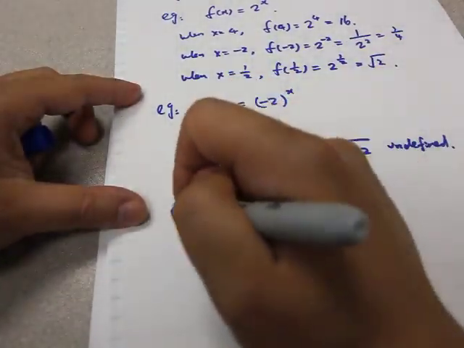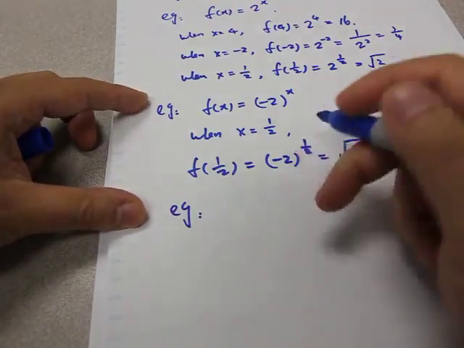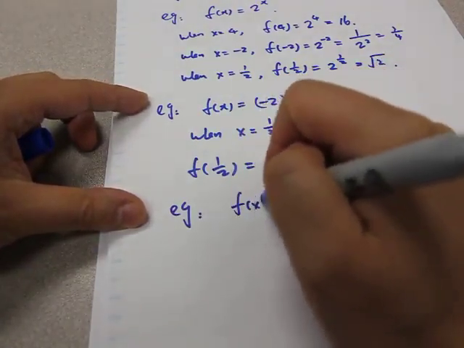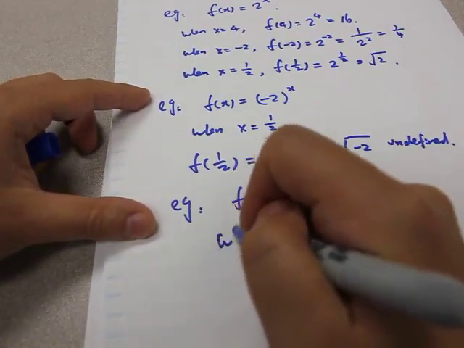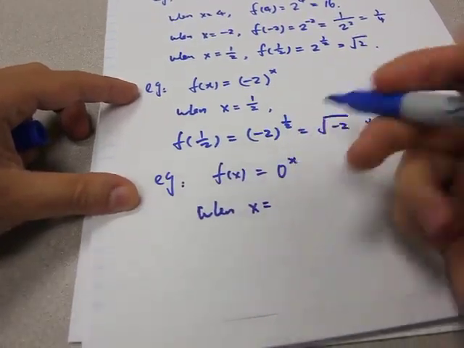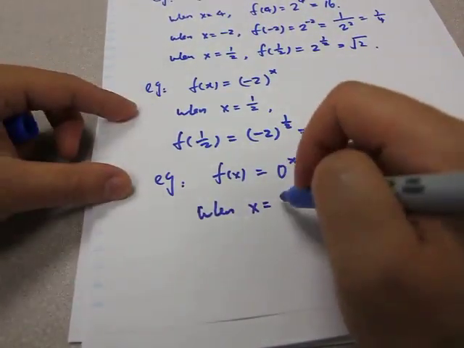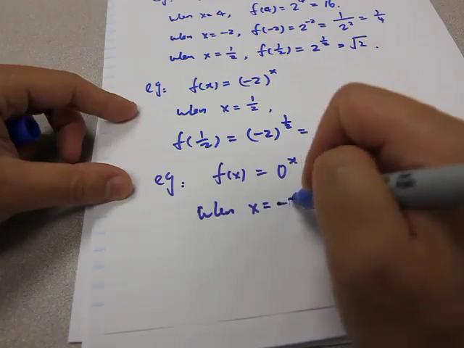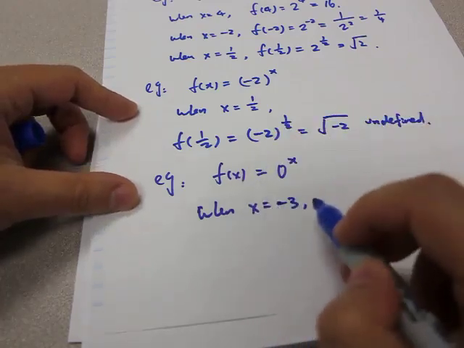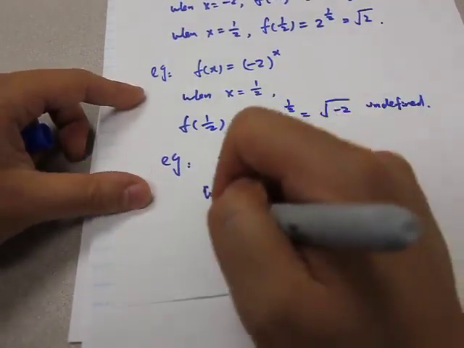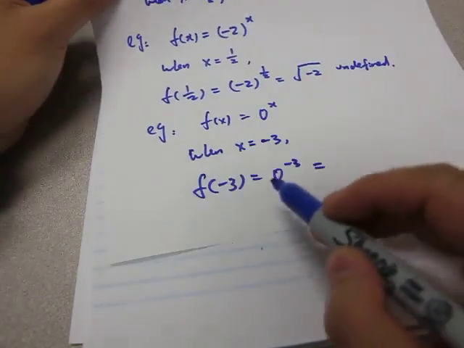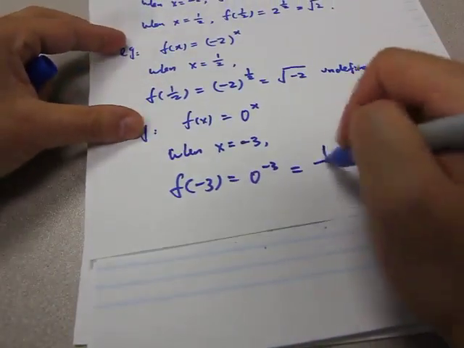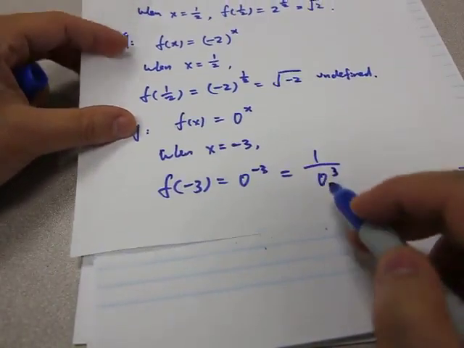Also it cannot be 0, because if you are asked to evaluate the function value when x equals negative 3, so when the input is a negative number, you are going to evaluate 0 to the power of negative 3, and this will be 1 over 0 to the power of positive 3.